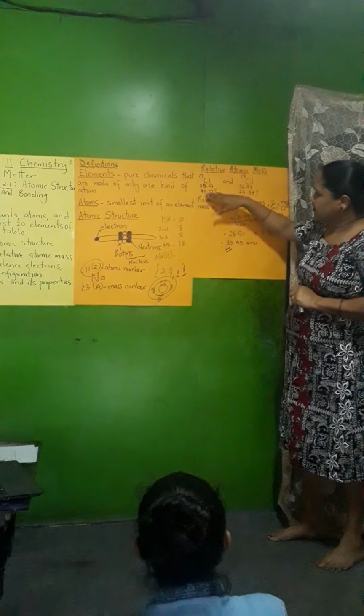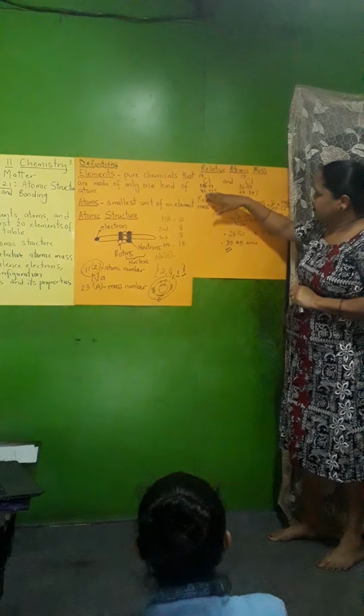37 has 24.23 abundance. So in order to calculate the relative atomic mass of chlorine, you will use this formula: percentage abundance divided by 100 times mass of chlorine 35. You will add that to percentage abundance divided by 100 times mass of chlorine 37. So the percentage abundance of chlorine 35 is 75.77. You will insert that into this formula, and you will divide that by 100 times the mass number.